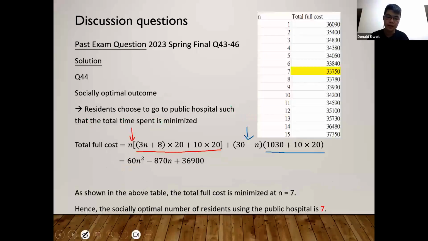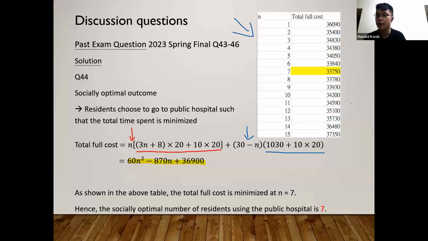After some simplification, we are able to obtain the total full cost of all residents is this quadratic expression. So we just plug in different values of n to check at which value of n the total full cost is minimized. So as you can see in the Excel table screenshot here, when n is 7, the total full cost of all residents is minimized. So this is why the socially optimal number of residents is 7.